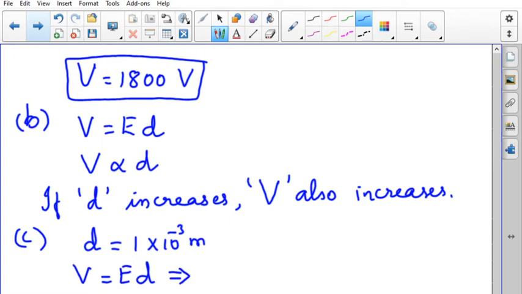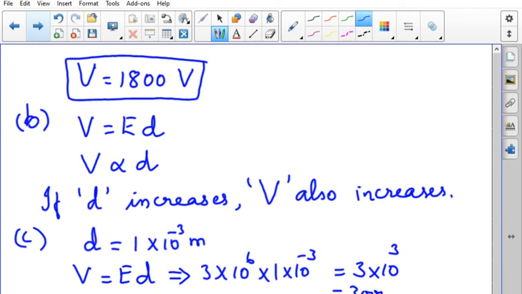E is equal to 3 into 10 power 6 into 1 into 10 power minus 3, which is equal to 3 into 10 power 3, which is equal to 3000 volt. So this is the potential difference.